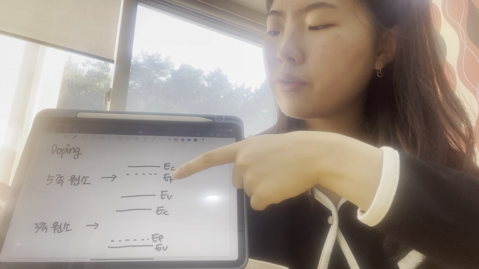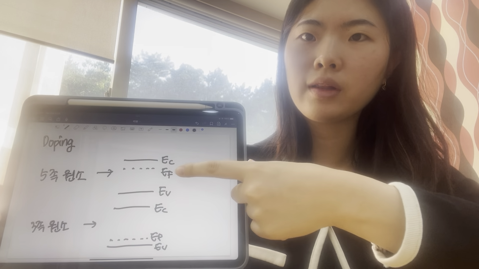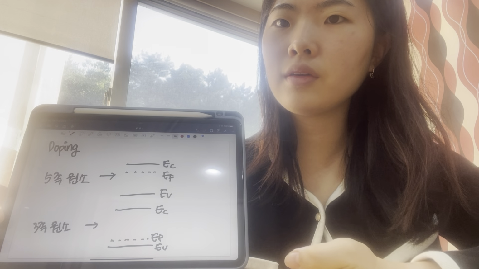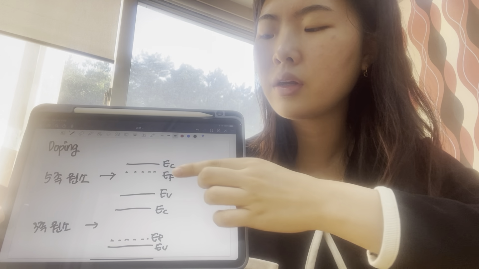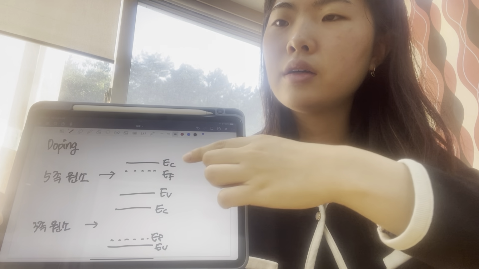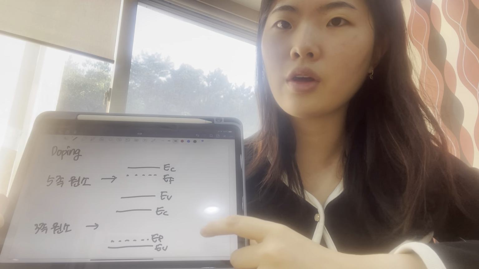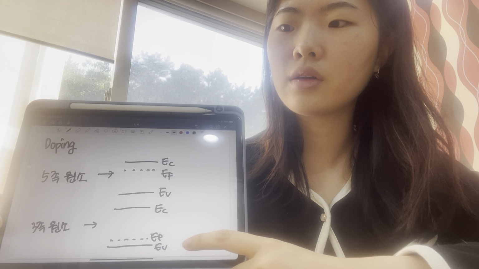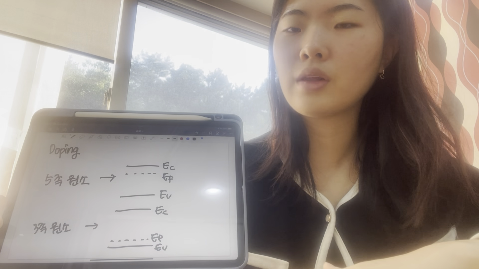So this is the change in the Fermi level. So this Fermi level moves up from the intrinsic Fermi level. So this will work like an n-type semiconductor. And then if we put an acceptor in the semiconductor, the Fermi level will move downward.